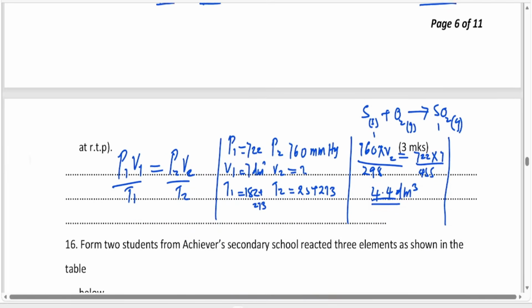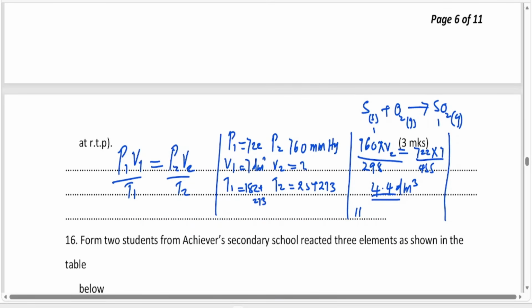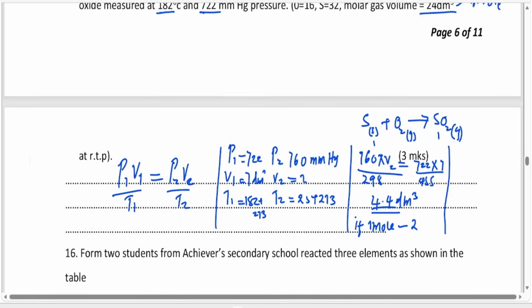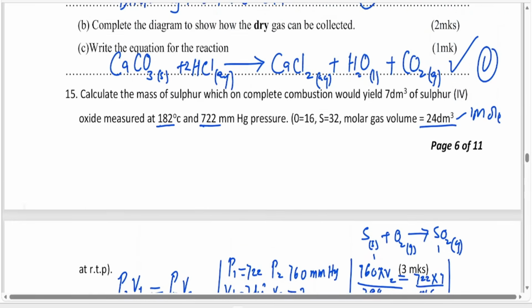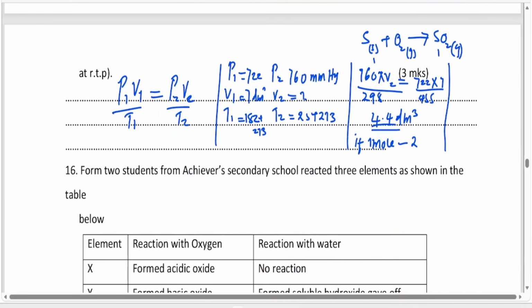So I'll ask myself, if 1 mole of this gas is 24 liters, the one at molar gas volume, what about my 4.4? When I work this out, I'm going to have 1 times 4.4 divided by 24.